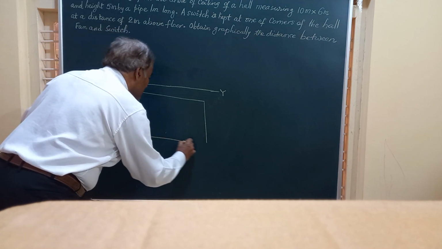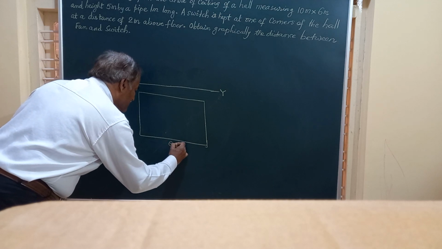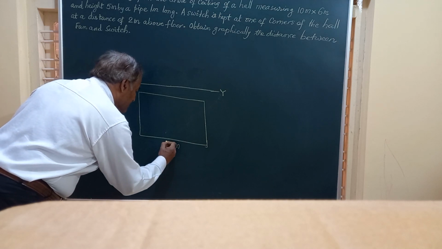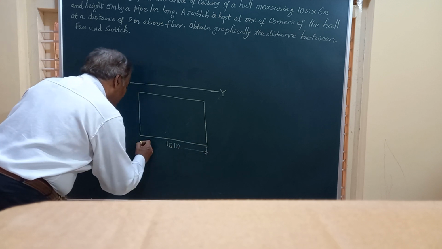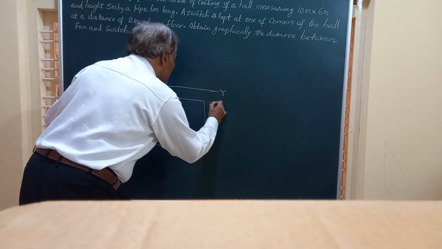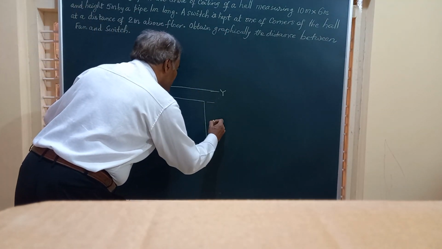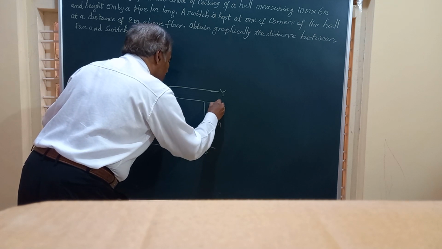Say this is the hall measurement. The length is, sorry, 10 meter. Length is 10 meter and the width is 6 meter. So this is how the top view of the glass house looks.